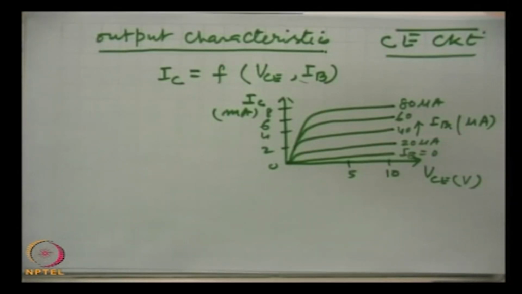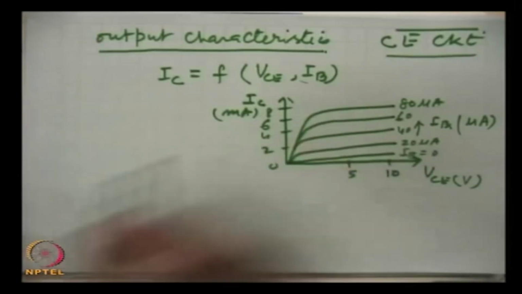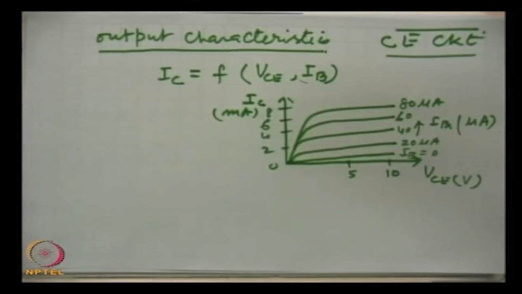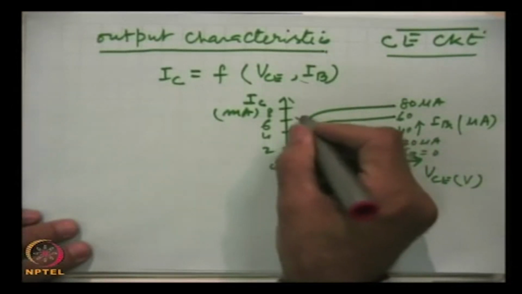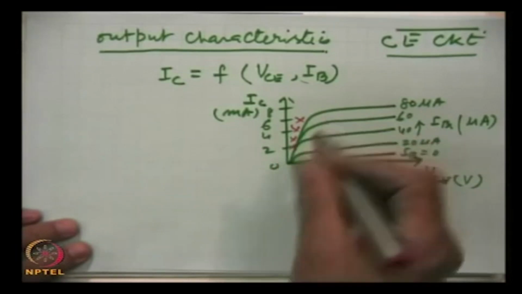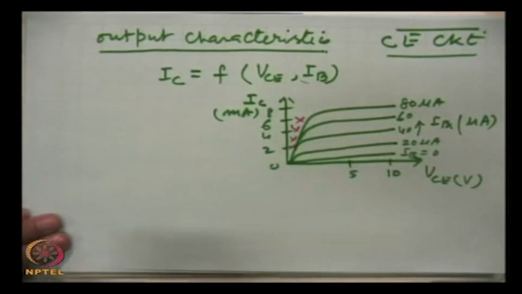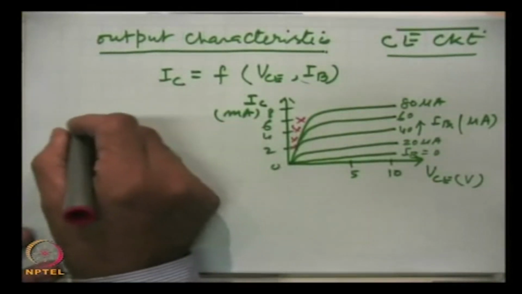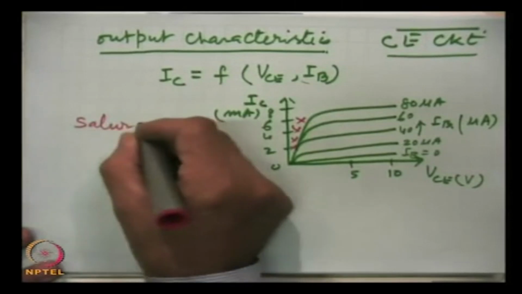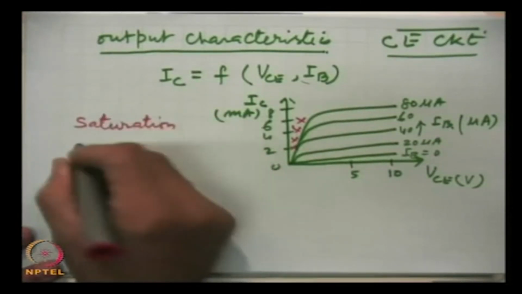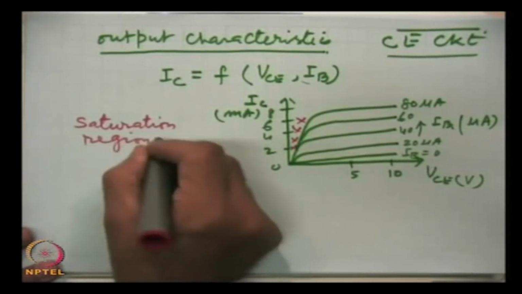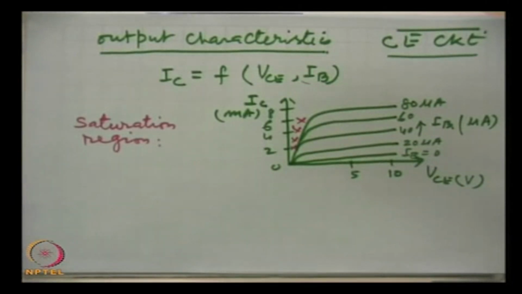These characteristics can be divided into 3 different regions. One region is this region, left of this curve, and this is called the saturation region.